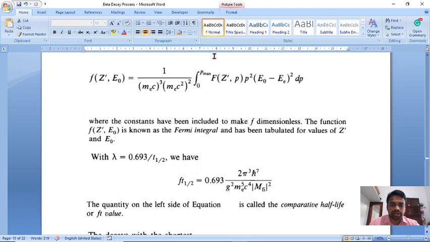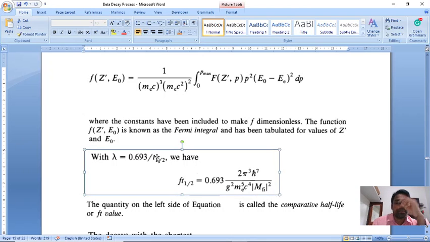We can tabulate the values for Z prime E0 where, for example, with lambda equal to decay constant, which is 0.693 by t half, we have f of t half equal to 0.693 into 2 pi cube h cross 7 by g square me power 5 c power 4 mfi square.